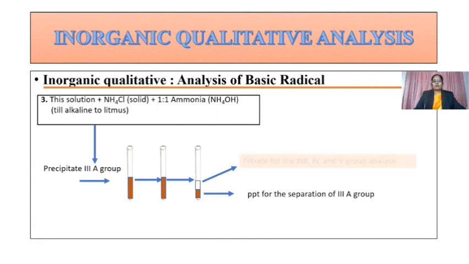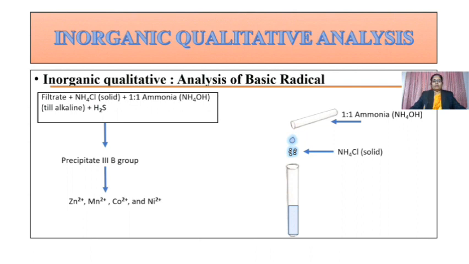Next to third A group, the next group is the third B group, and the group reagents are NH4Cl solid, 1:1 ammonia, and then again we have to pass H2S. The group radicals are Zn, Mn, Co and Ni.